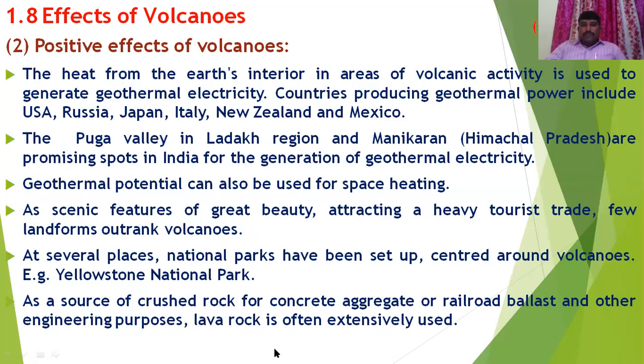The Puga Valley in Ladakh region and Manikaran in Himachal Pradesh are the promising spots in India for the generation of geothermal electricity. The geothermal potential can also be used for space heating.